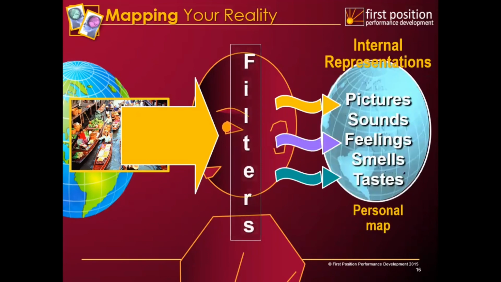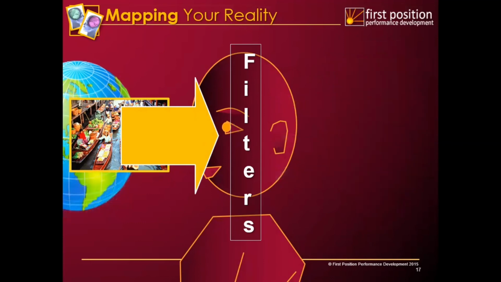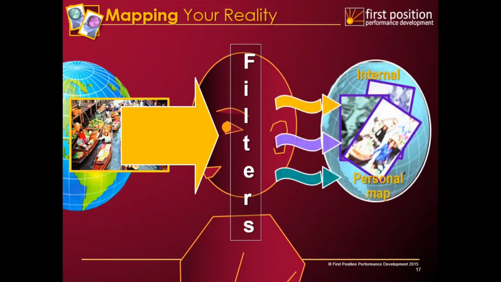So it goes through those filters and we end up with a map, a personal map of internal representations and memories and pictures, sounds, feelings, smells, and tastes that allow us to create a map of the world for ourselves personally. But what's important is that it can be very far removed from the actual experience of what went on out there. It's a map, a personal map that's unique to us and very different from everyone else's. There's as many different maps as there are people.